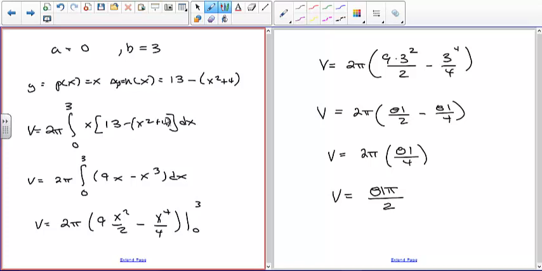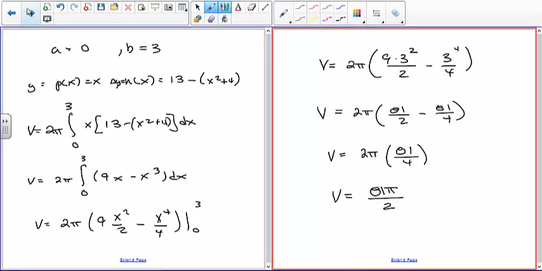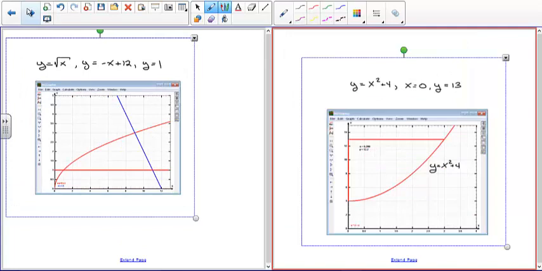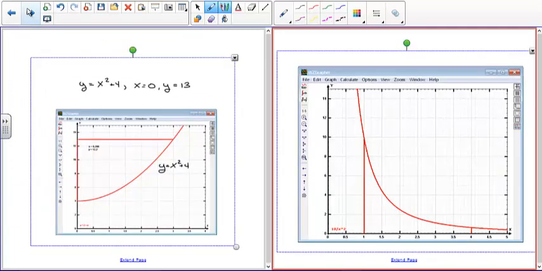Okay. So the next problem, there we go. There's the figure. It says, would a vertical rectangle or a horizontal rectangle work best in this situation?